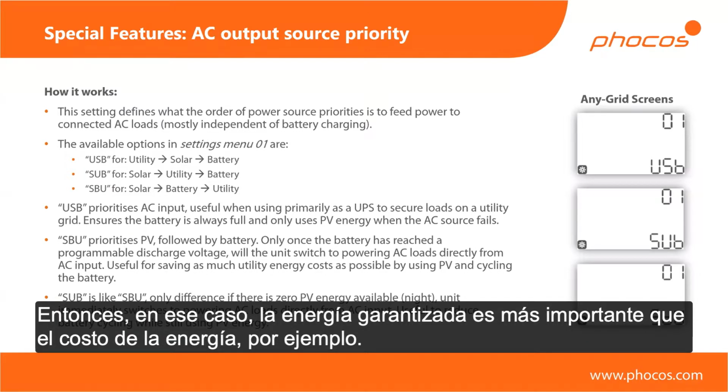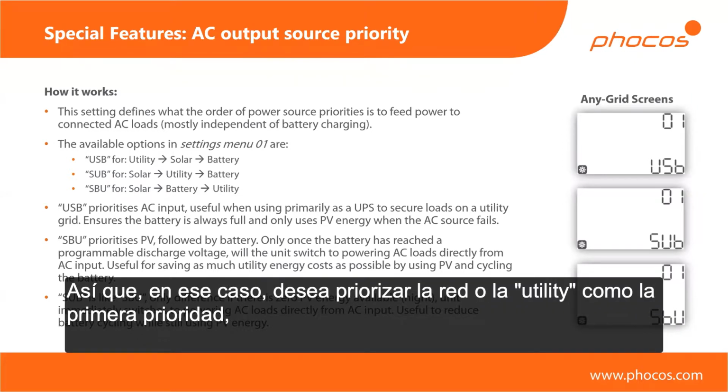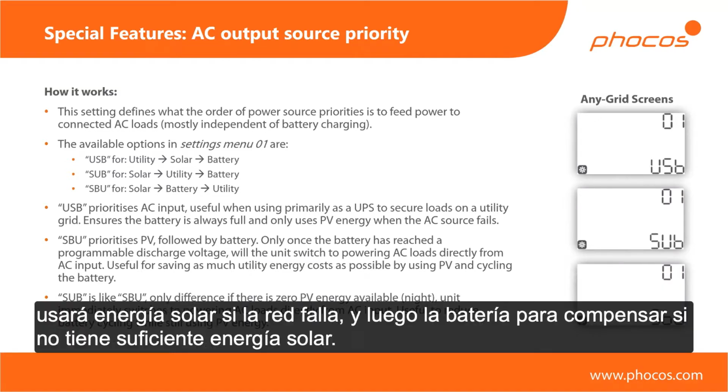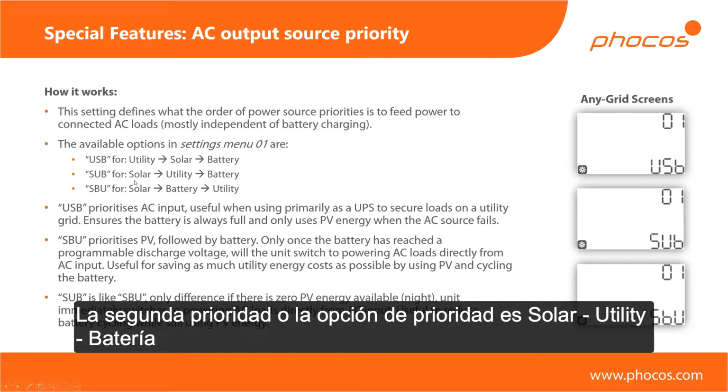In that case, guaranteed power is more important than the cost of power, for example. So you want to prioritize the grid or the utility as a first priority. You'll use solar if the grid fails, and then battery to make up for it if you don't have enough solar power.